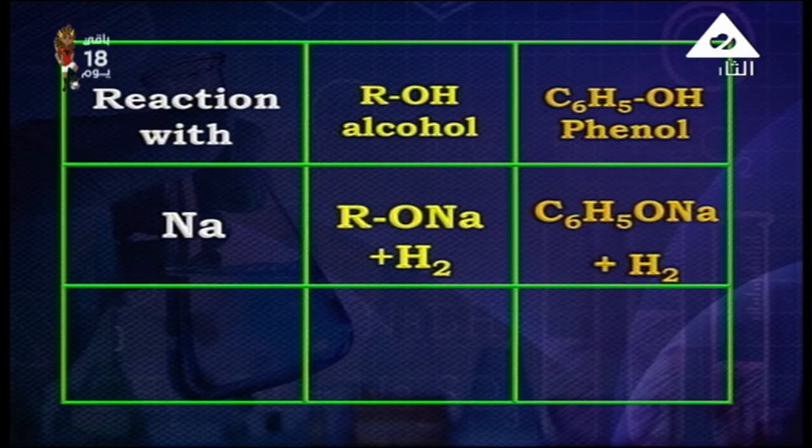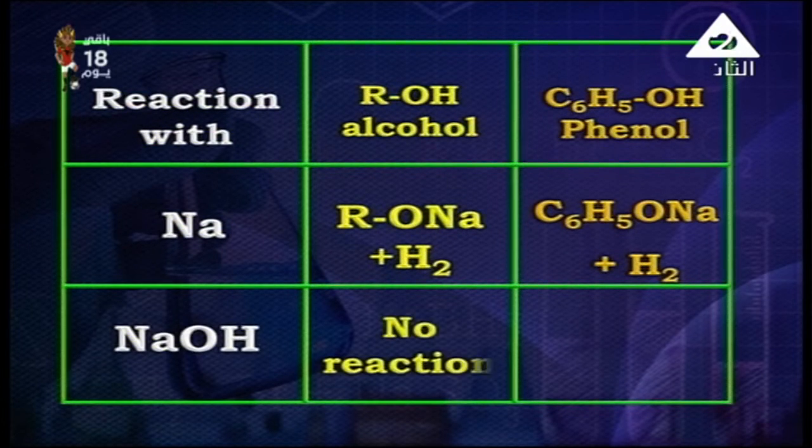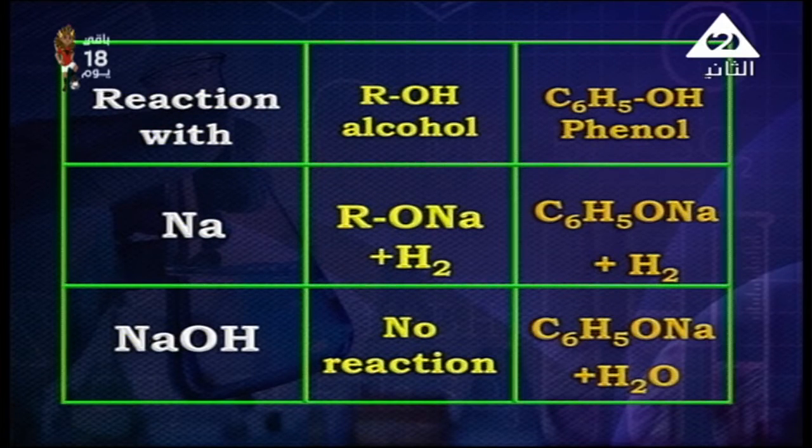While in the reaction with sodium hydroxide or caustic soda, the alcohol has no reaction, while phenol gives sodium phenoxide, C6H5ONa, or sodium phenate, and water is produced.